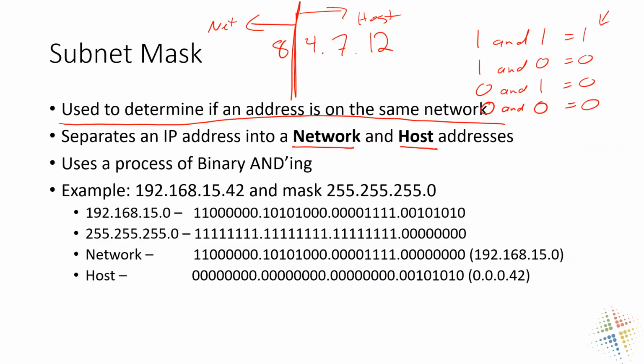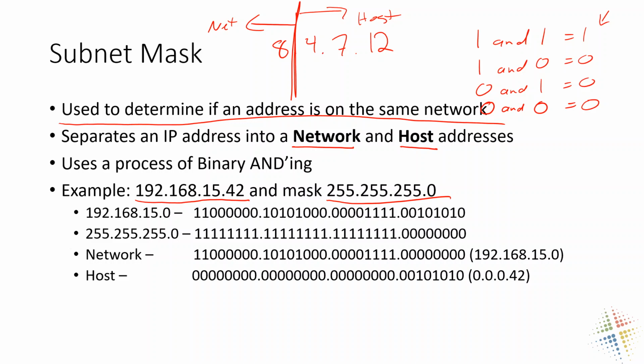So we have an example here. We have an address 192.168.15.42 and a network mask of 255.255.255.0. And I converted those into binary for us here. The first line is 192.168.15.42, and then right below that we have 255.255.255.0.